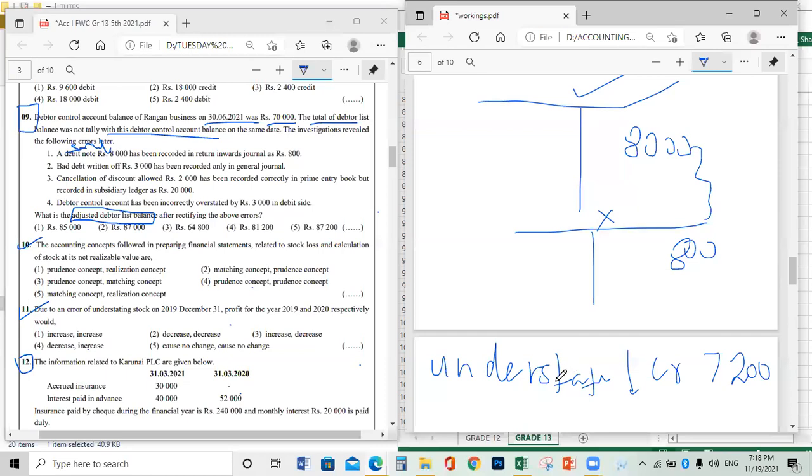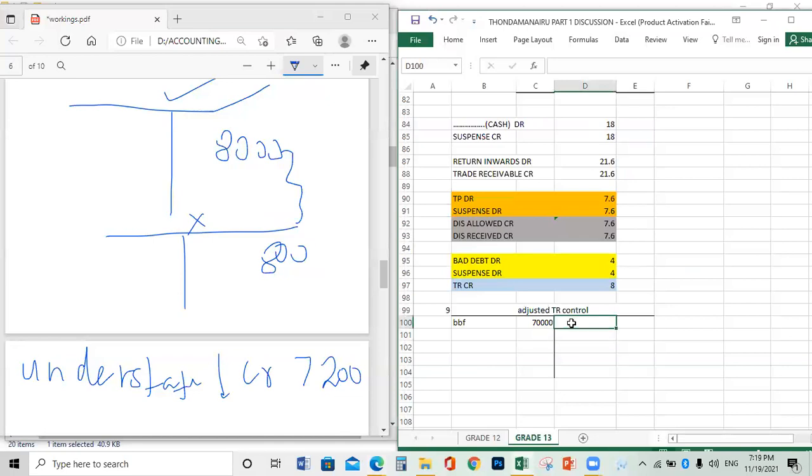You have to write on the same side. Same side means credit side. So go to the adjusted trade receivable control account and write it on the credit side. You will say understated return inwards 7,200. You will write it on the same side, which means the credit side. All clear with that? So we can go to the next one.